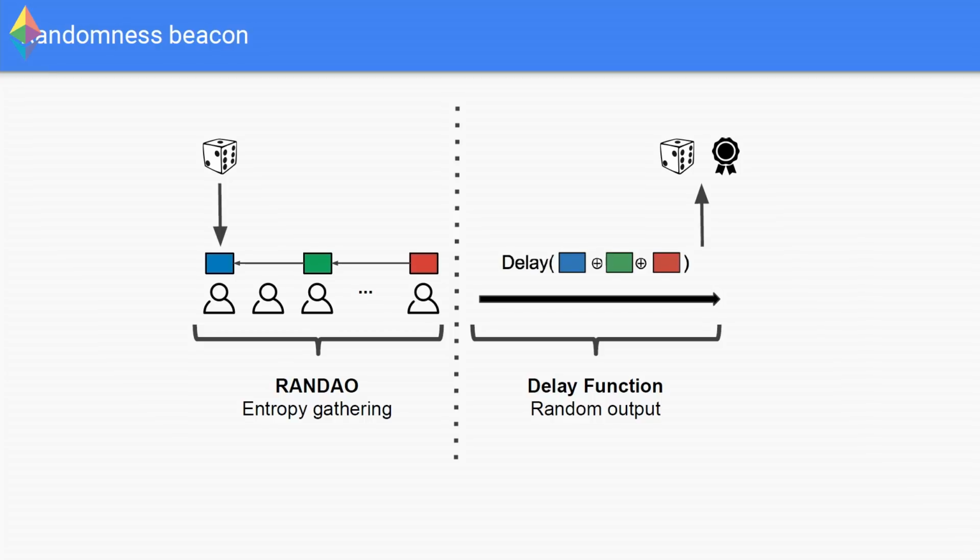The reason it's much stronger is that we can make the delay long enough so that even the last revealer would not have the computational resources to produce the final random number in both cases where he reveals or he doesn't reveal.